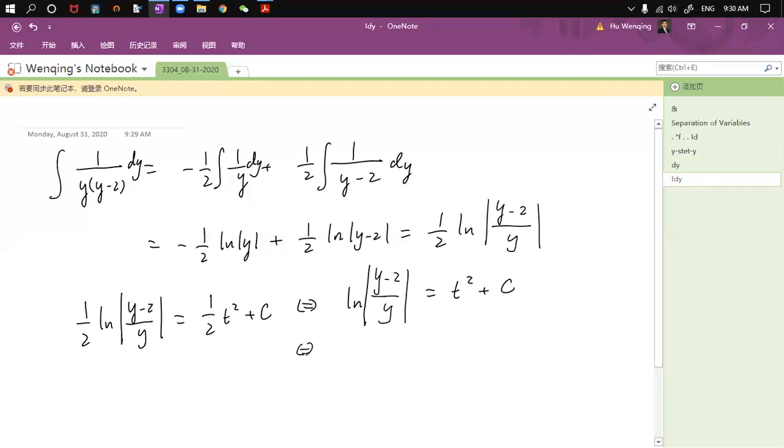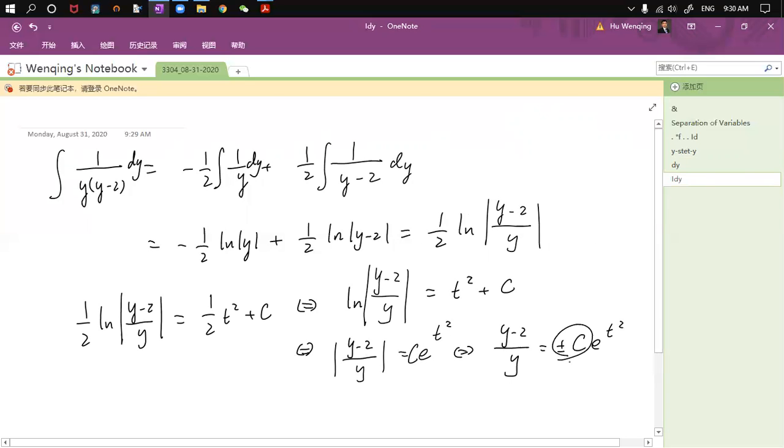So y minus 2 over y, in absolute value, is equal to e to the power t squared plus constant, which is c times e to the power t squared. Therefore, y minus 2 over y is plus or minus c e to the power t squared. But the plus or minus c is just a constant k, no matter whether you choose plus or minus. So 1 minus 2 over y is equal to k e to the power t squared, and that tells you that 2 over y is equal to 1 minus k e to the power t squared.